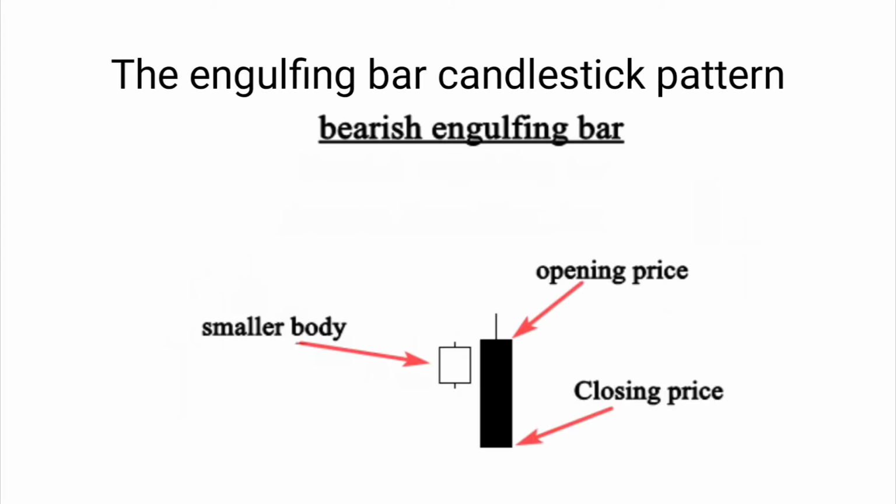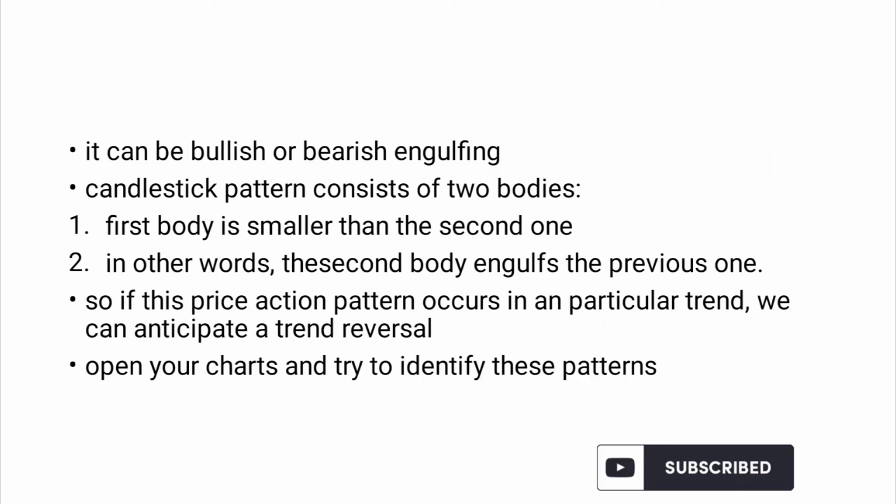In engulfing, you see something like this. In Forex, most of us believe in visuals. If you see something like this, you know that price is turning. It can be bullish or bearish. The engulfing candlestick pattern consists of two bodies. The first body is smaller than the second one.